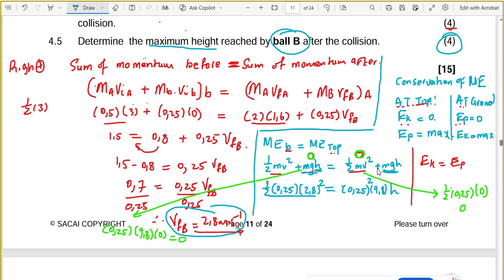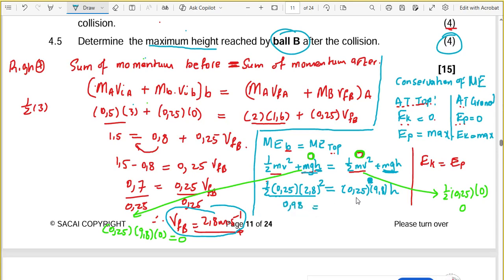Do it now. 0.98. Okay, so this side is 0.98.